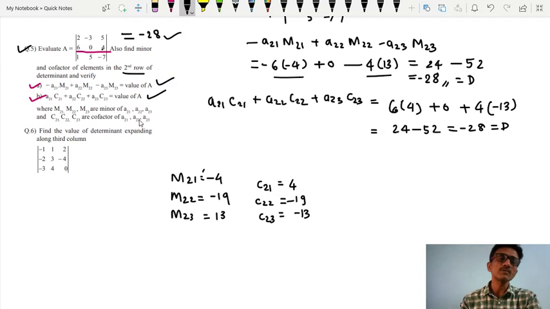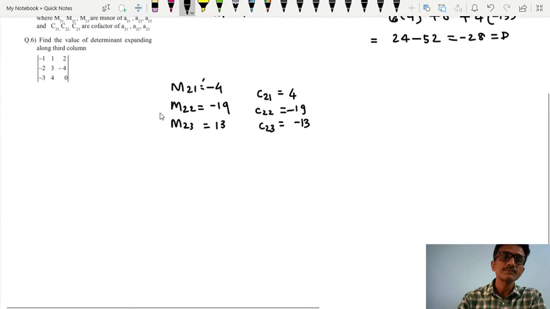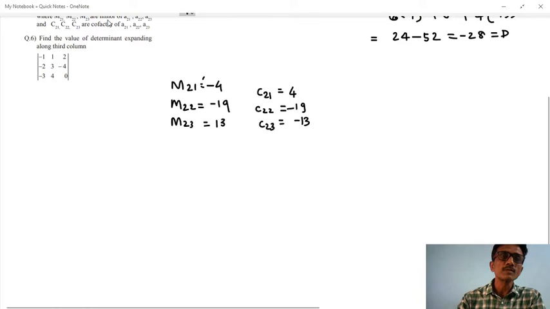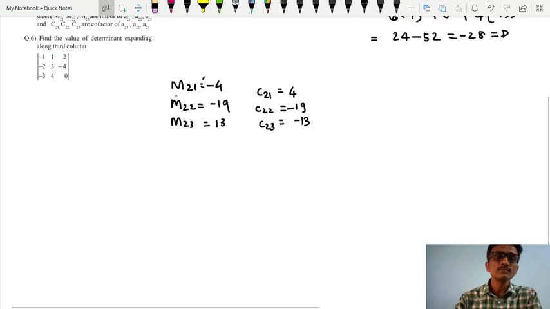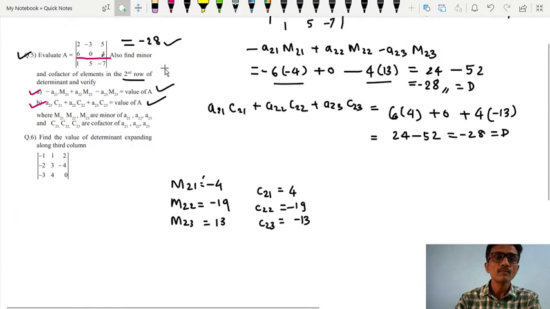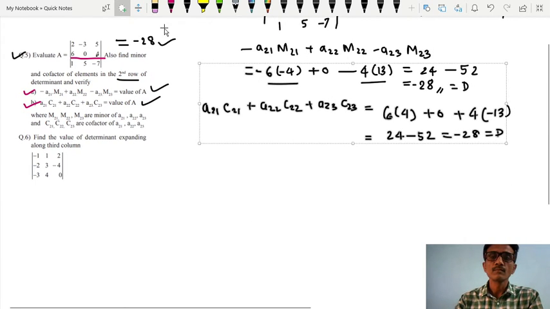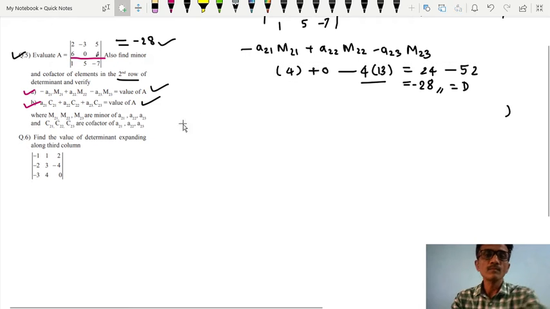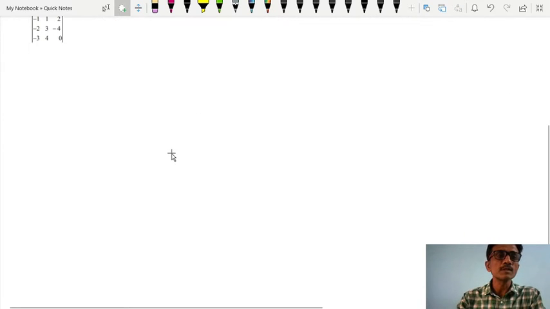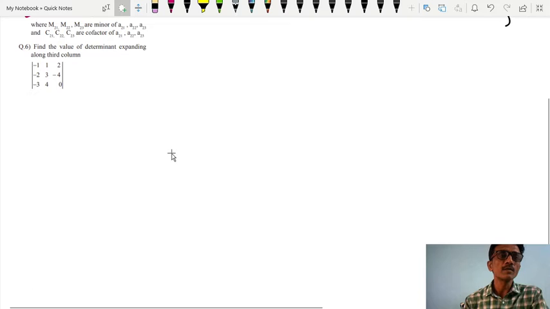Then the next question is question number 6. We will do question number 6 now. Find the value of the determinant expanding along the third column.